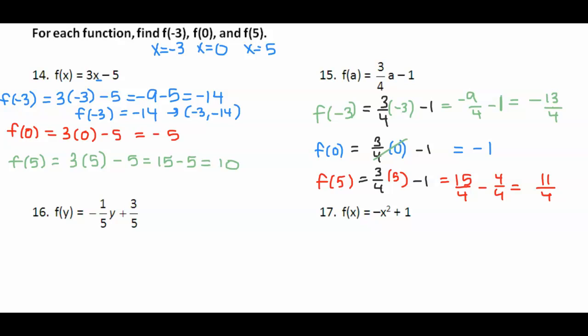Okay, number 16, same idea. Let's plug in -3 for y. So negative times a negative is a positive. So 3/5 plus 3/5 is 6/5. Plug in 0.